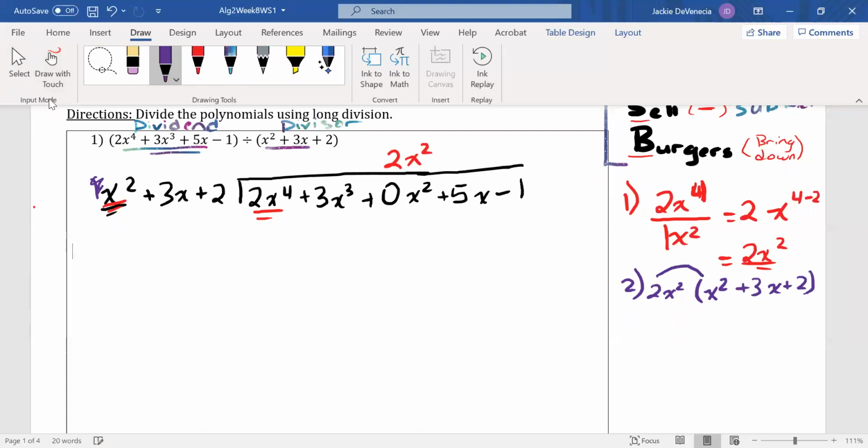So 2x squared times x squared, that's going to be 2x to the fourth. 2x squared times 3x squared, that's going to be 6x to the third. And 2x squared times 2, that's going to be 4x squared. So now I'm going to write this underneath my dividend, and I'm going to line up my like terms.